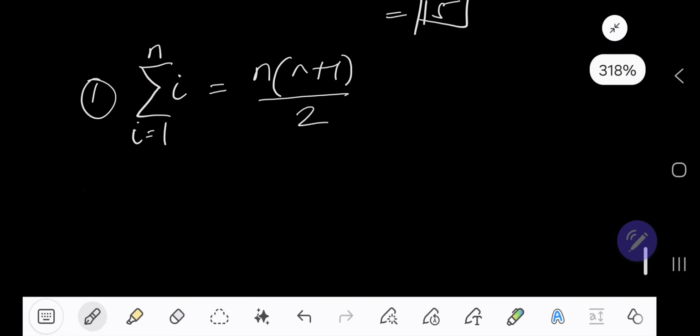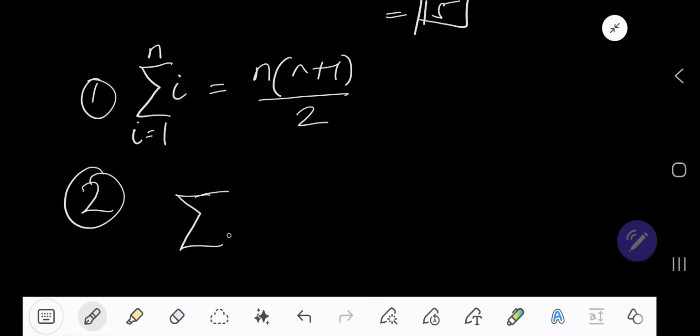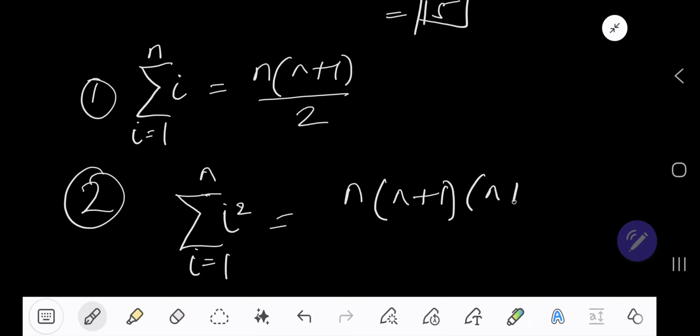Our second rule states that the summation of i square from i equals 1 to n equals n times n plus 1 times 2n plus 1 divided by 6.